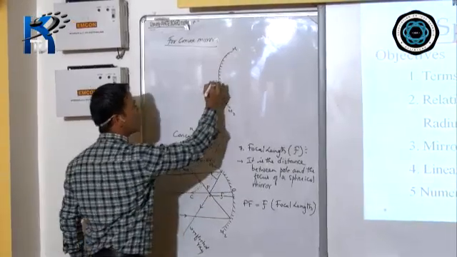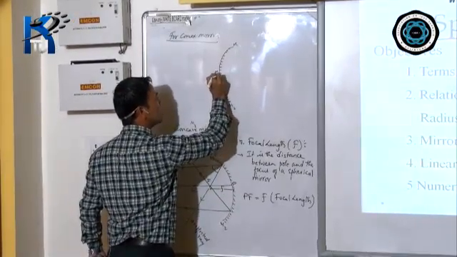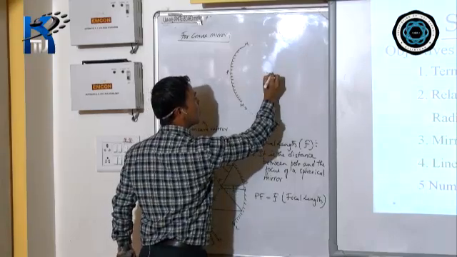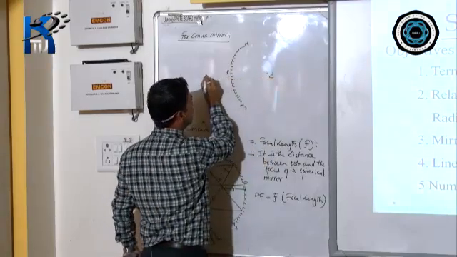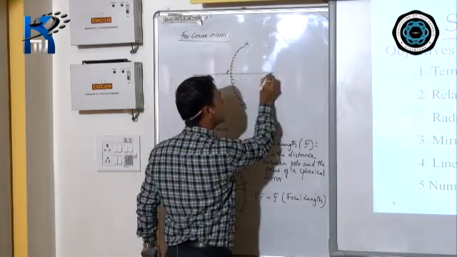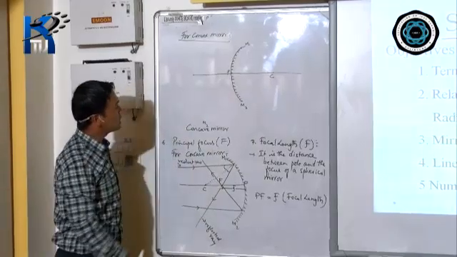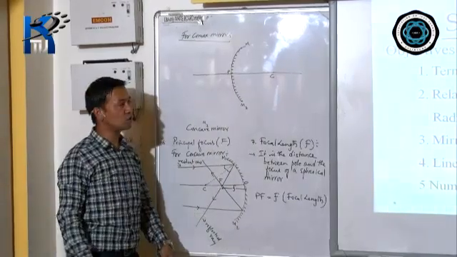Again for this also I'll mark the geometric center, which is P, and there is a center of curvature. I'll mark it with C, and I can draw a straight line that passes through the center of curvature and the pole of the convex mirror. This line is called the principal axis, no doubt.